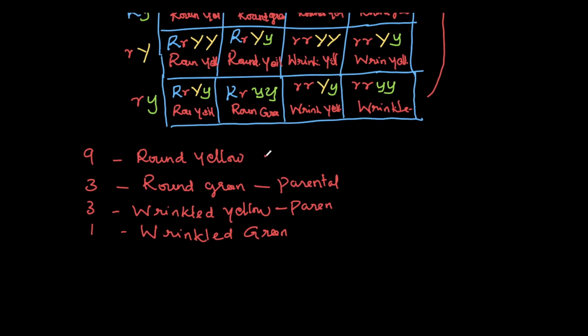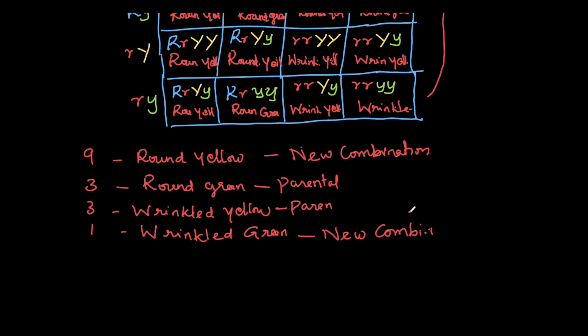So the parental combinations here are round green and wrinkled yellow. So round yellow is a new combination or recombination, and wrinkled green is also a new combination. So in a dihybrid cross, two new combinations are produced.